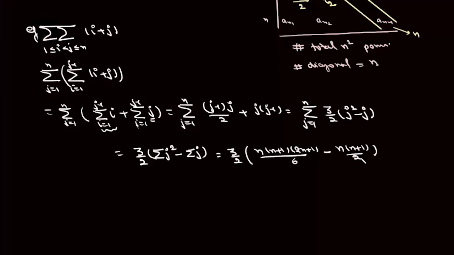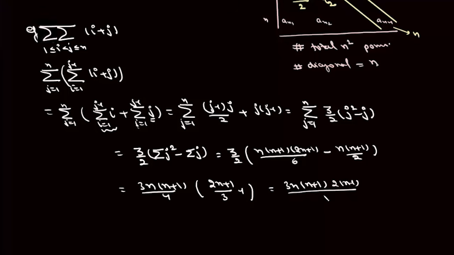Now if we take n into n plus 1 by 2 common, we'll get 3n plus 1 by 4, and here will be 2n plus 1 by 3 minus 1. So it will be this 3n plus 1, and this is 2n minus 2, so 2 into n minus 1 upon 12. So this is n square minus 1 by 2.